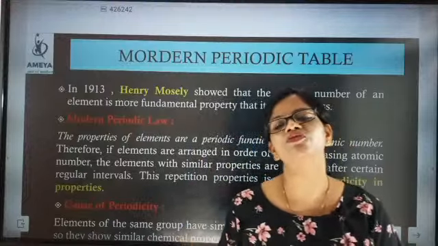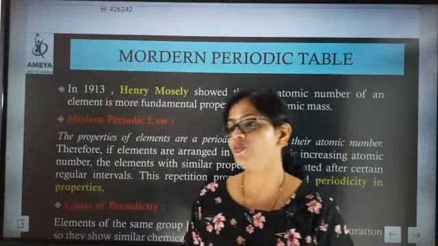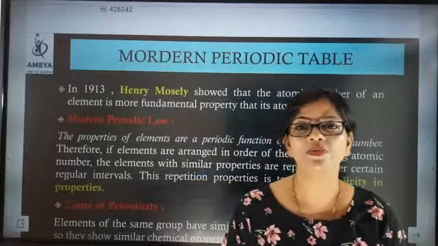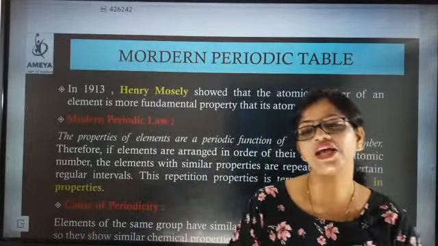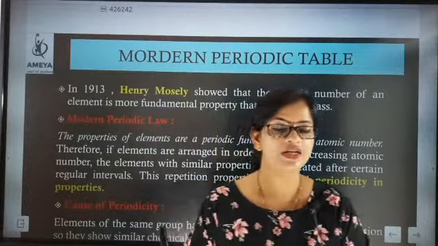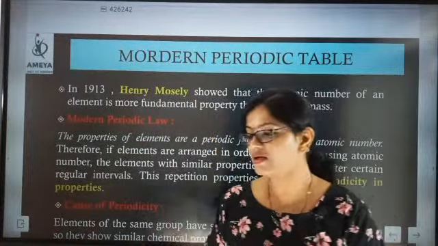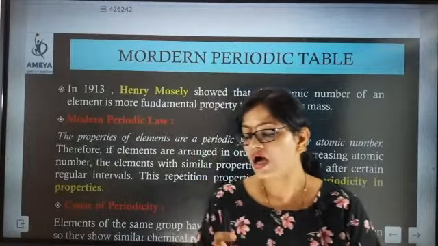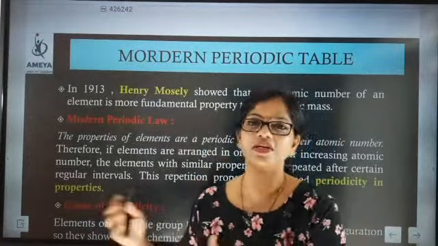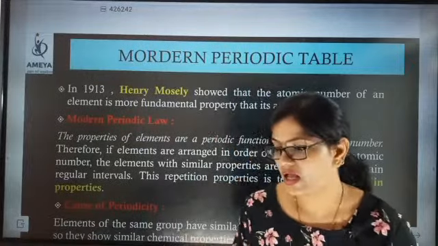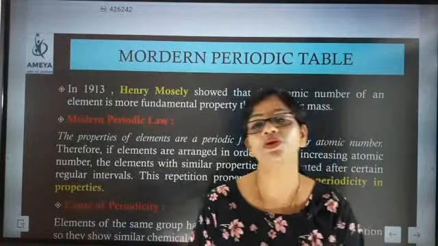Most of the defects we have seen in Newlands', Dobereiner's or Mendeleev's periodic table have been overcome, and there the elements are presented according to their similar physical and chemical properties and according to electronic configuration. It is quite stable compared to the other periodic tables.